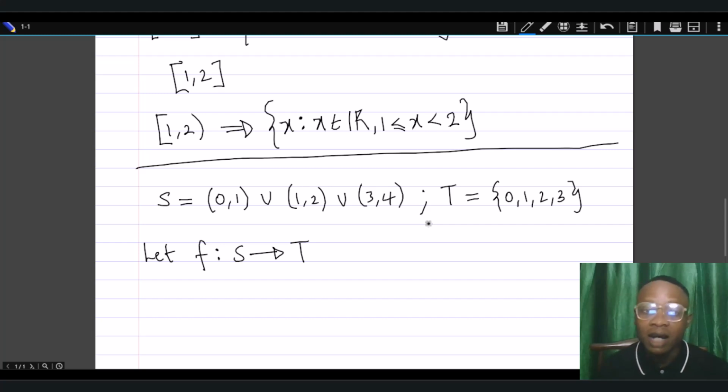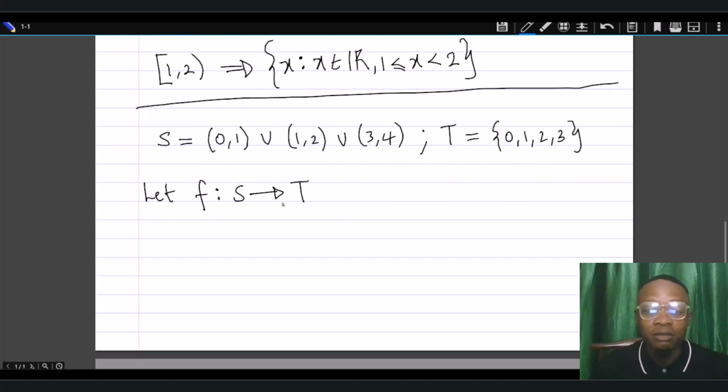It simply means we have a map or mapping that takes elements from the set S and maps them to elements of the set T. Now, it is not all mappings that are functions. So we have to be clear precisely what is meant by a function that goes from S to T. It picks elements, as we have said, from the set S. So if this represents the set S, it's going to map elements in this set to another set, which is the set T. This is what we mean by a function.